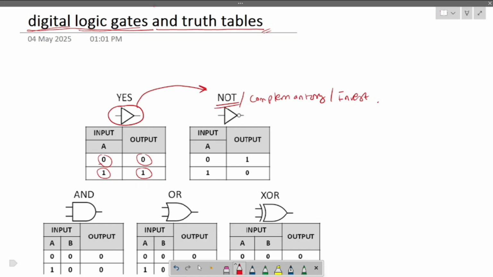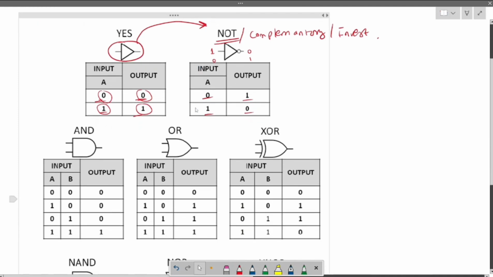In the YES gate, input 0 gives output 0 and 1 gives 1. Here it is opposite: when you give 0, we get 1, and when you give 1, we get 0. This is the theory behind it. Now let us move to some advanced topics.